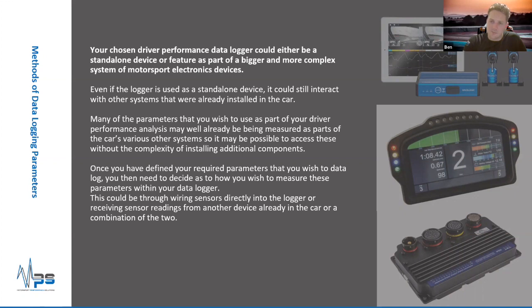So you really need to think about how your systems are going to integrate, how they're going to work into the car, and then you can go from there. Ultimately, they can all do the same job of logging data for the purposes of analyzing your driver performance.